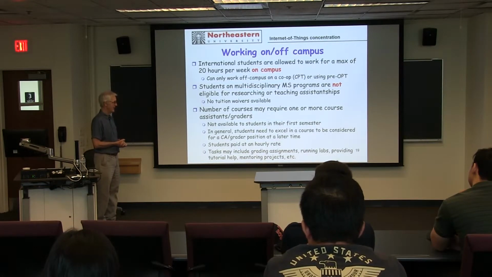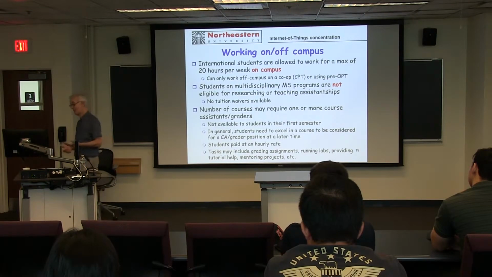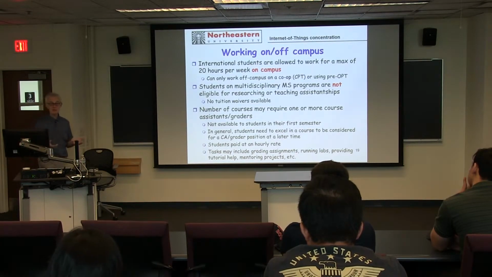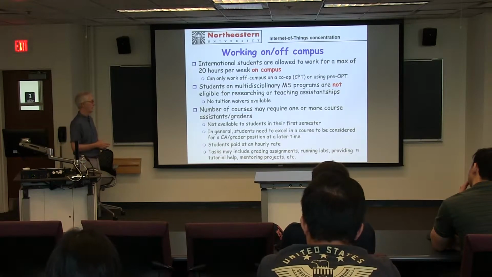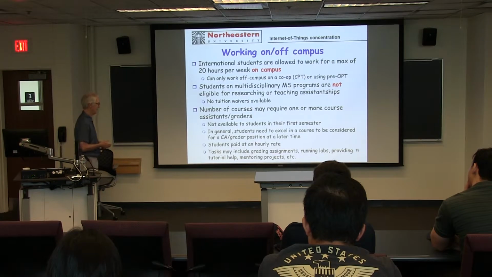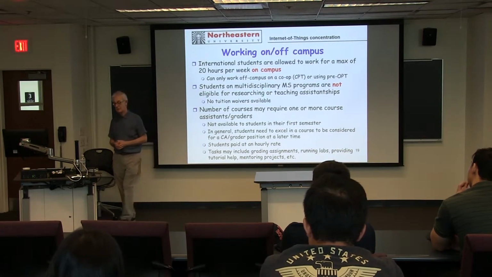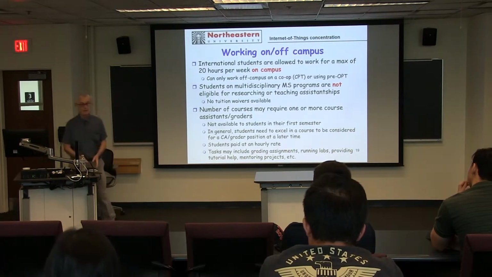The way to get that kind of position is to do well in a class. So if you do well in a particular class and impress the professor, okay, then you can apply to be a course assistant, a TA if you like, in a future semester. So it's a matter of impressing the professor and so on. And you're paid on an hourly rate, and again, the maximum is 20 hours per week, obviously, but it could be a lot less than that.